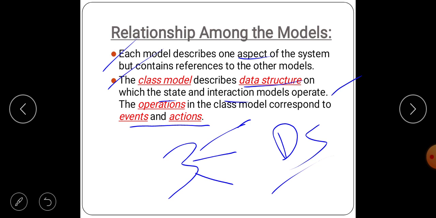We know that an operation means there will be some events and actions.